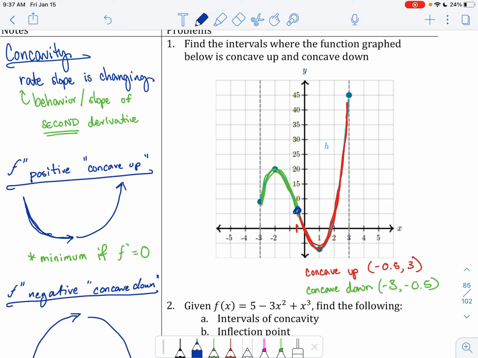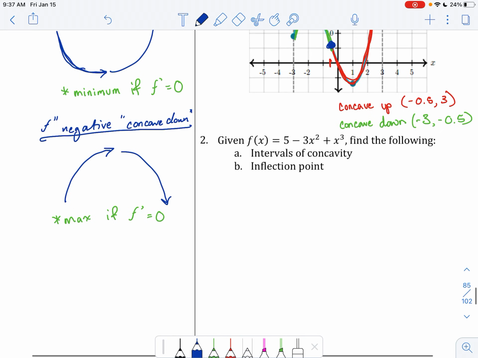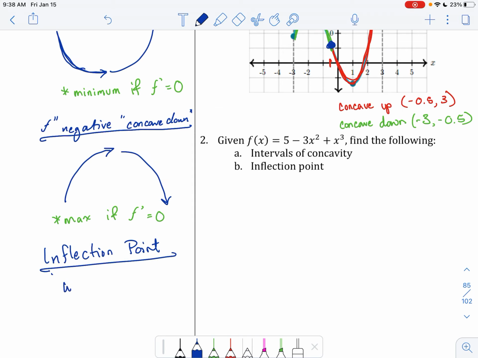And now we also have a point where it changes. At this point, we're approximating it from what it looks like at approximately negative 0.5. This is called an inflection point. So it's kind of like the concavity version of critical point. An inflection point is where the concavity changes.